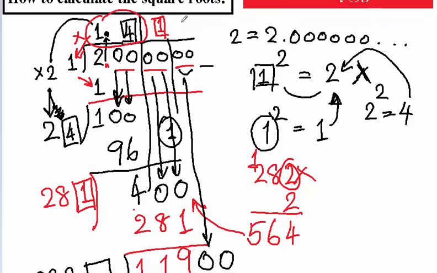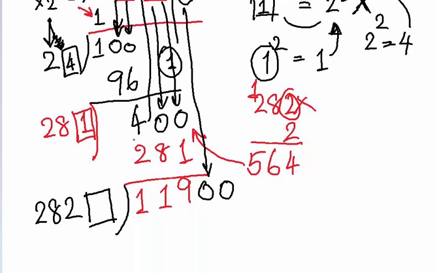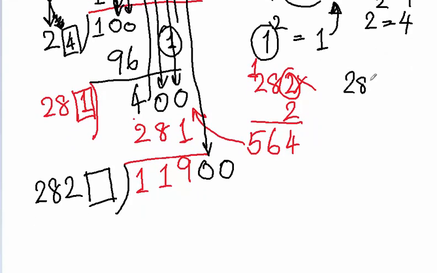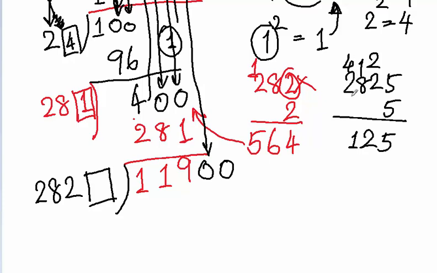So in this case I think it should be number 4. Okay, number 4, because if I think number 5, it will become 2825 times 5, which is greater than 11,900, right?